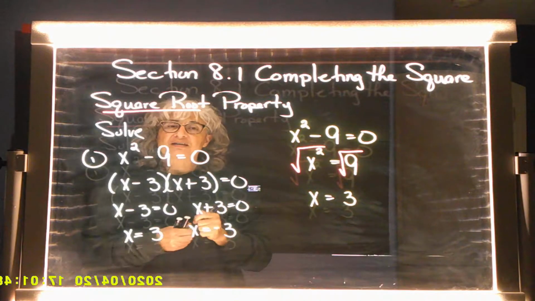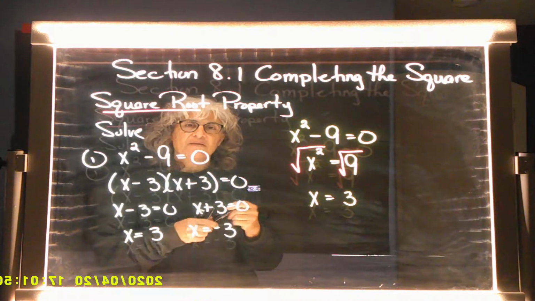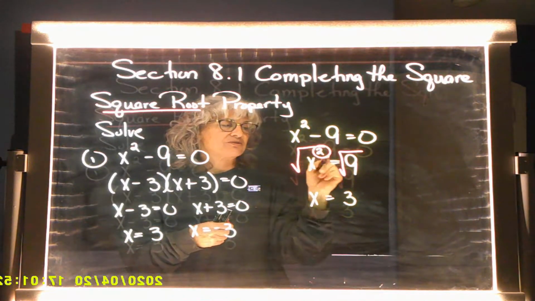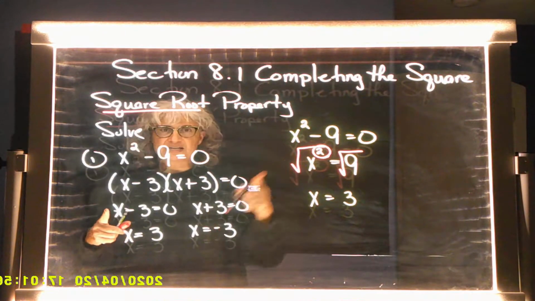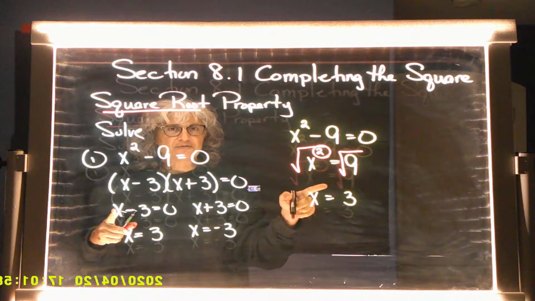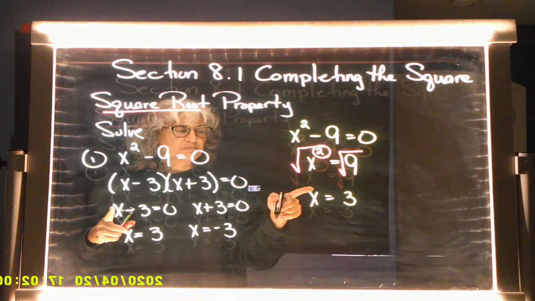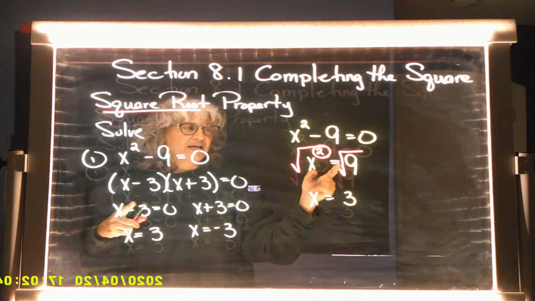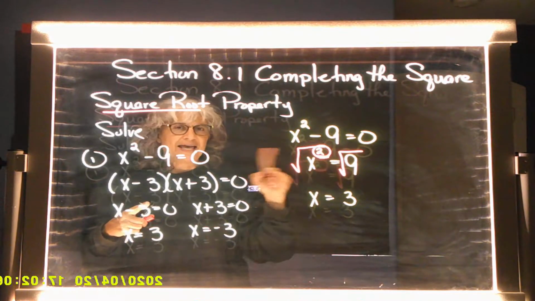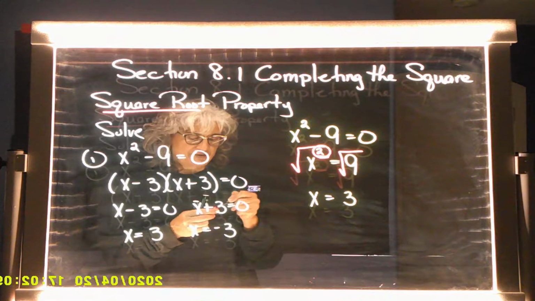So most of us would say the answer would be equal to 3. But here's the thing. We need to remember that we're actually supposed to get 2 answers. Just like this problem. This is the exact same problem, except I'm solving it a different way. So when I take the square root of 9, I'm supposed to get 2 answers; x isn't equal to just a positive 3.